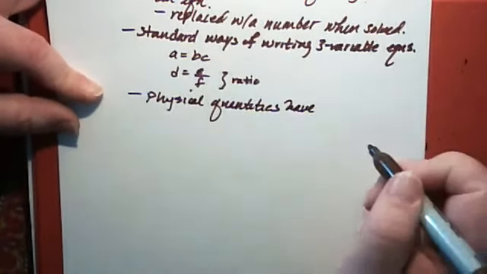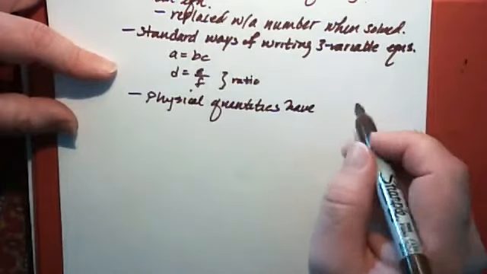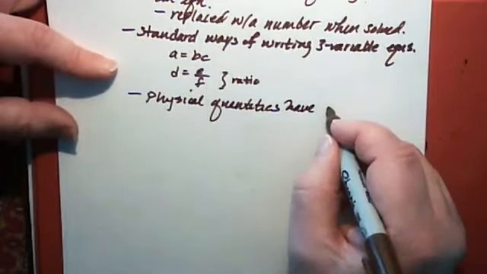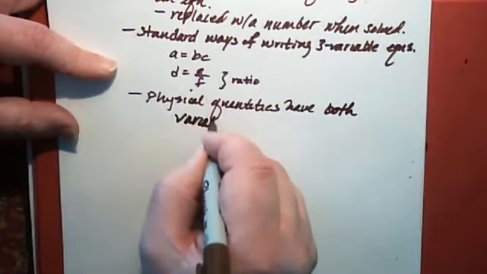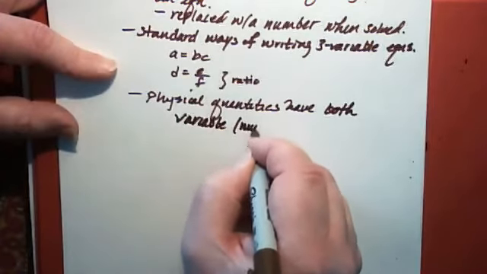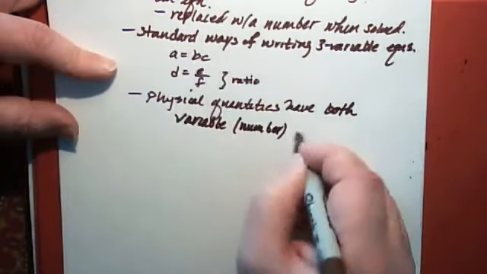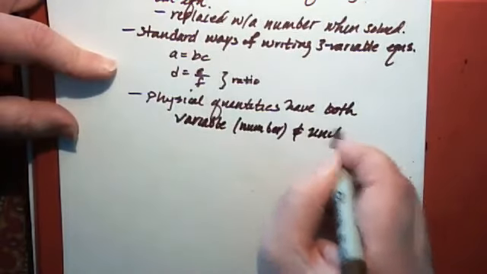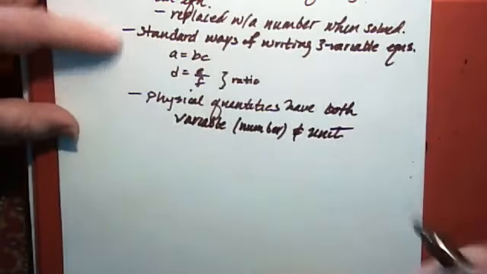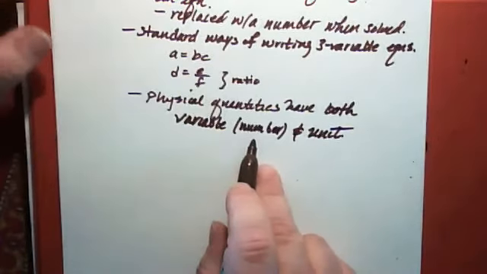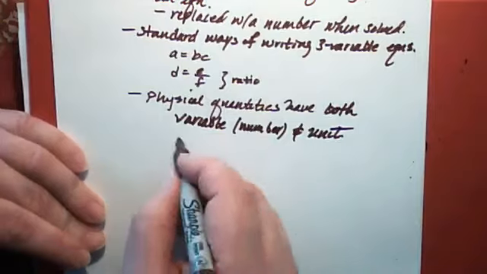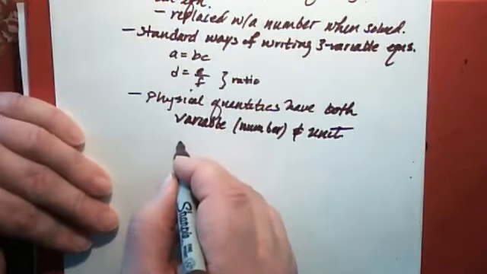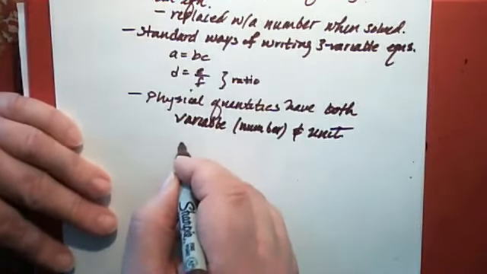And physical quantities in general have both a variable and a unit. And the variable, of course, as I mentioned, represents a number. So at some point, the variable will be replaced by a number.